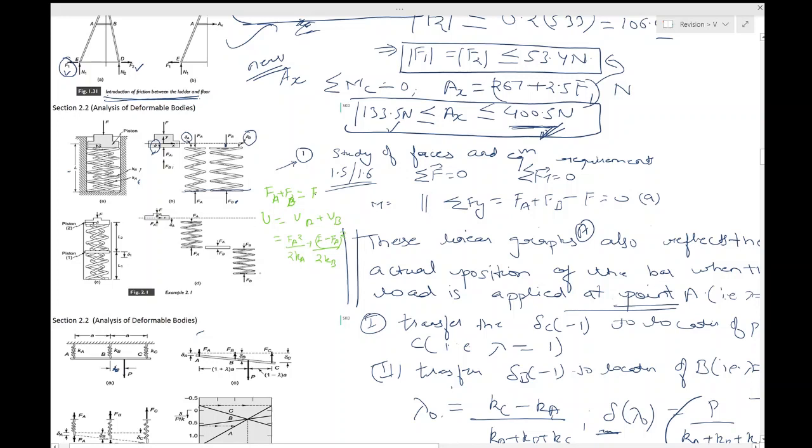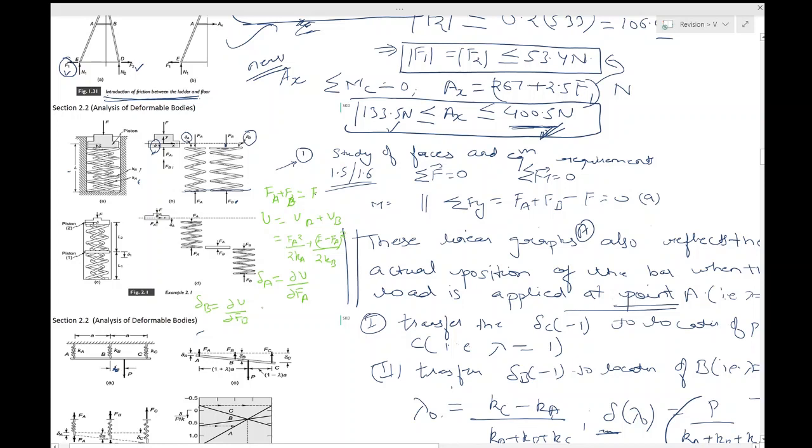And using this, you can just write Castigliano's theorem and say this is delta A, which is the compression in spring A, and then you can also write delta B equal to dou U by dou FB.